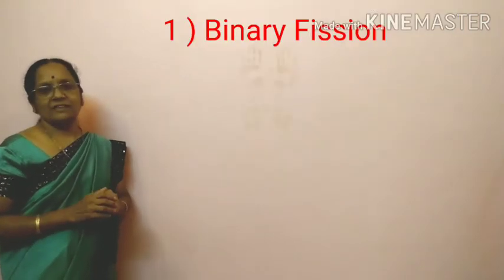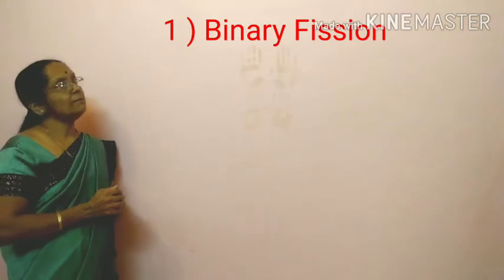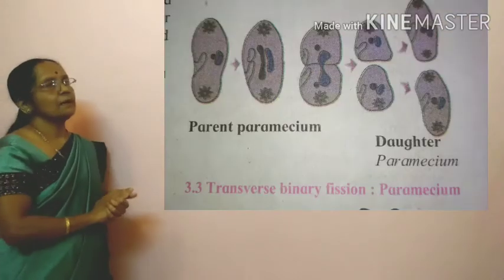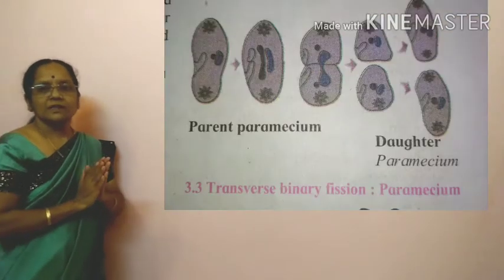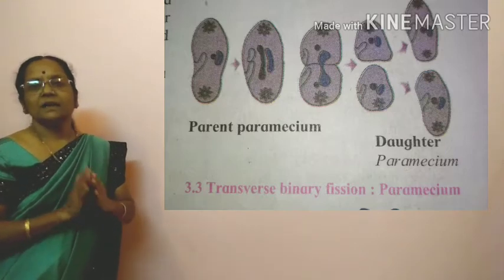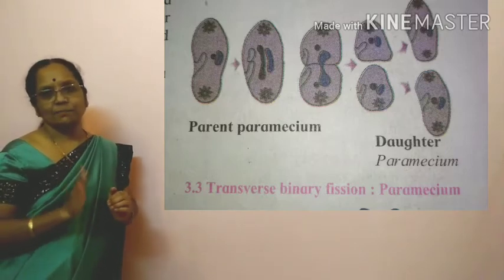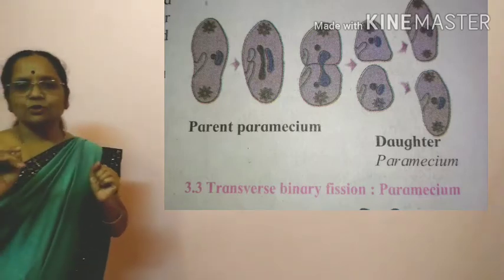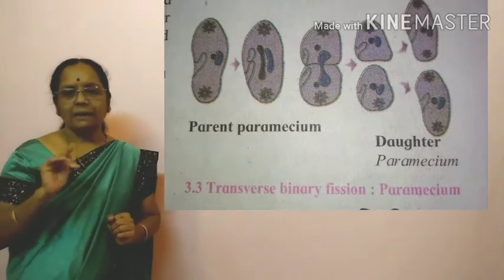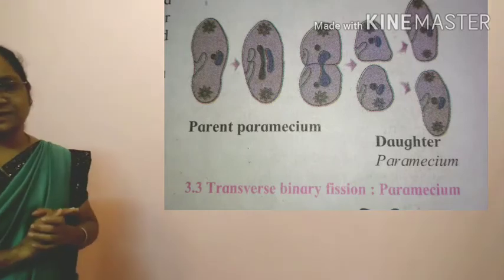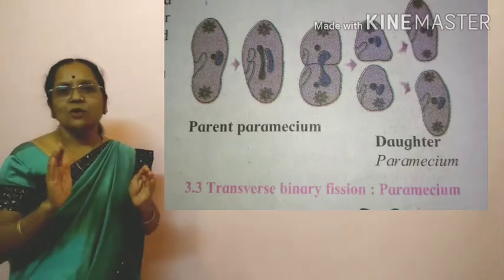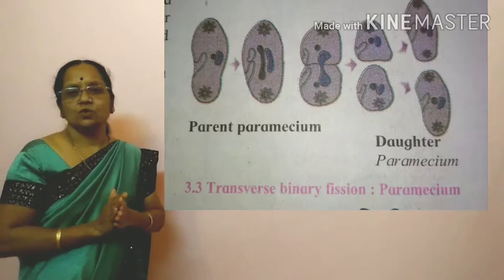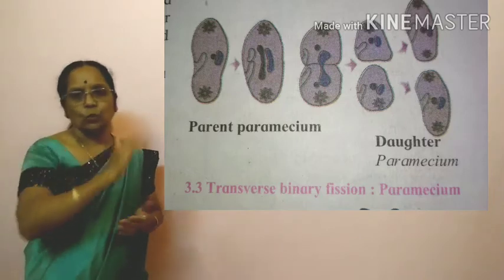Next we will see the next organism, that is Paramecium. See here, Paramecium is also a unicellular organism. Here also binary fission takes place, but the difference is that the axis of fission in Paramecium is transverse. Paramecium मधला जो ऍक्सिस आहे तो ट्रान्सवर्स असतो. ट्रान्सवर्स म्हणजे आडवा असतो.